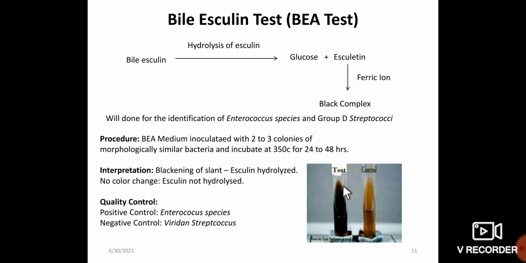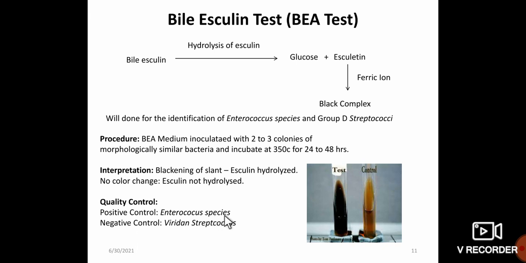Usually 18 to 24 hours is not required for the bile esculin agar test. Usually within 2 to 3 hours, if it is positive, it will come. That is our practical experience, so there is no need to go for 18 to 24 hours, though the procedure says 18 to 24 hours. If it doesn't come within 2 or 3 hours, we have to incubate for that longer time.